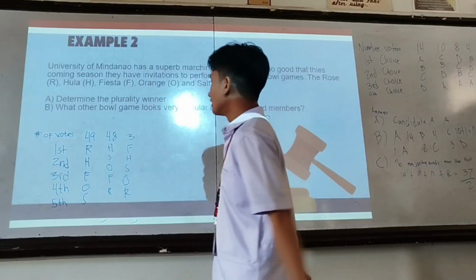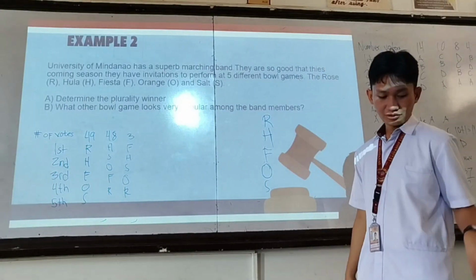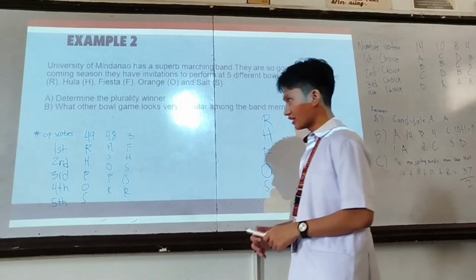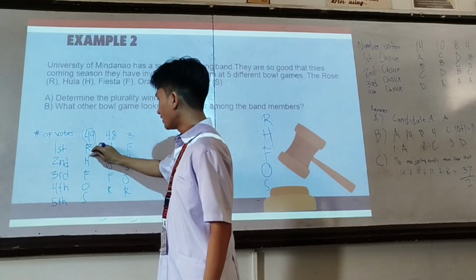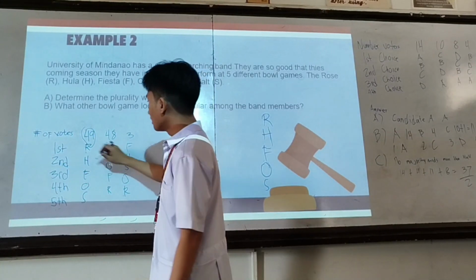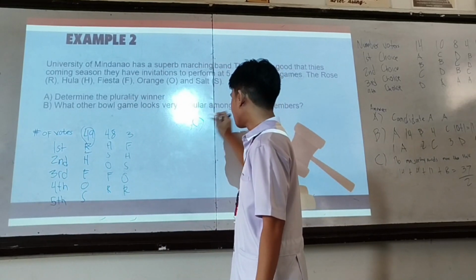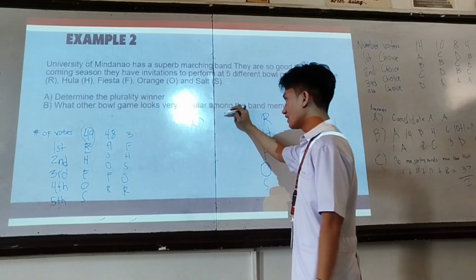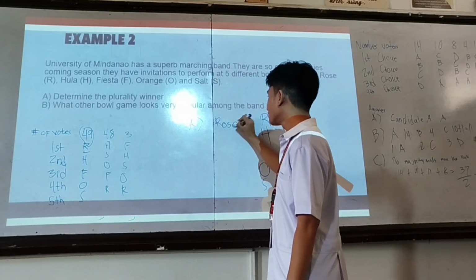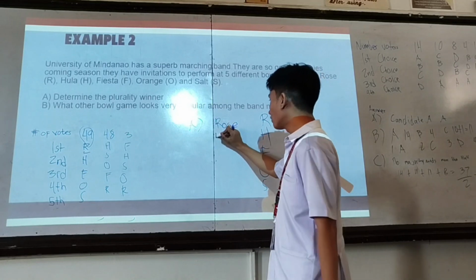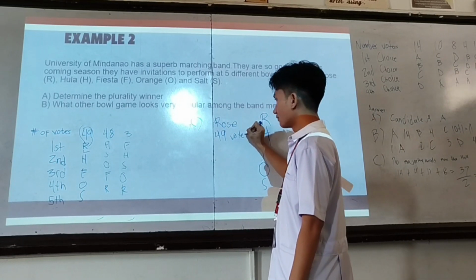Now let's determine the plurality winner. In determining it, we're only going to identify these. 49 based on the first choice is letter R, which is the most game. The answer to question A is the Rose bowl, which received 49 votes from the marching band.